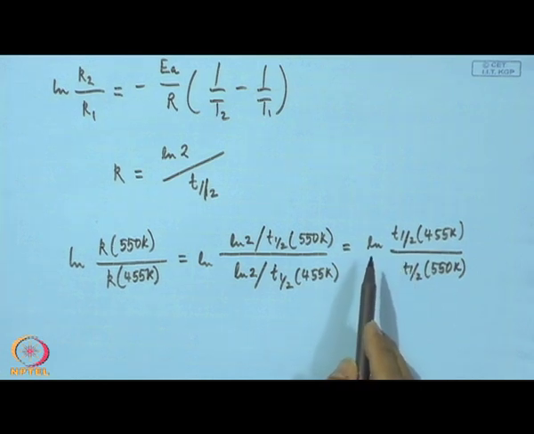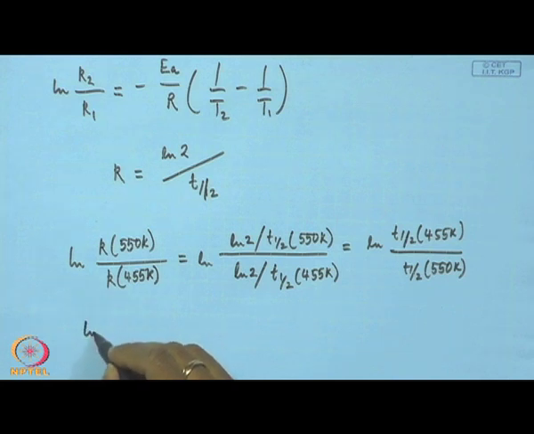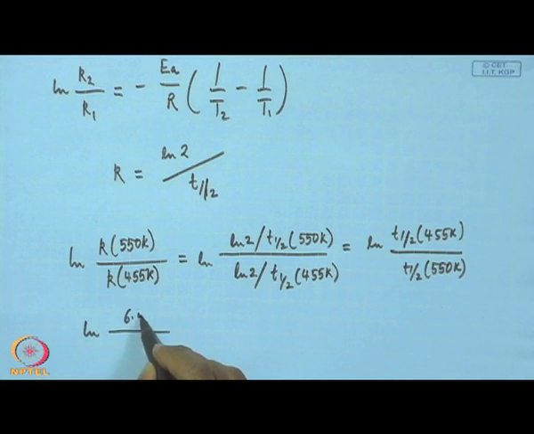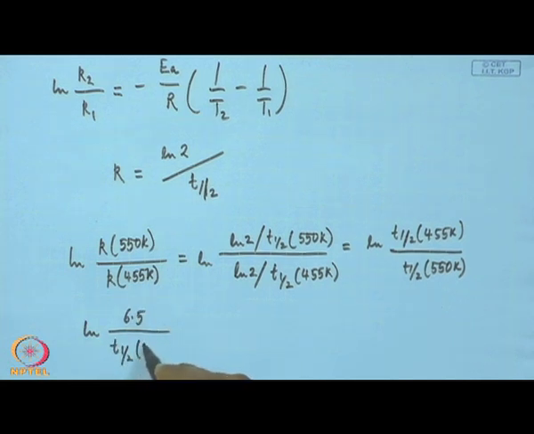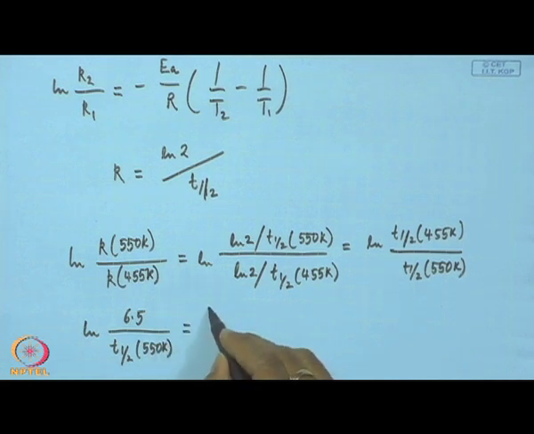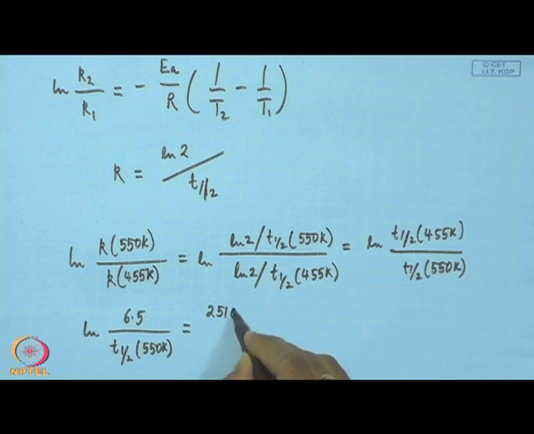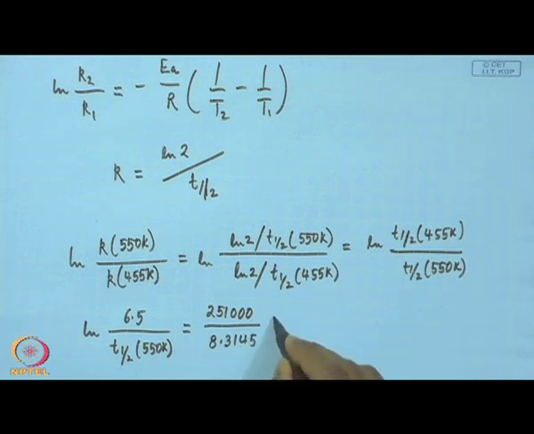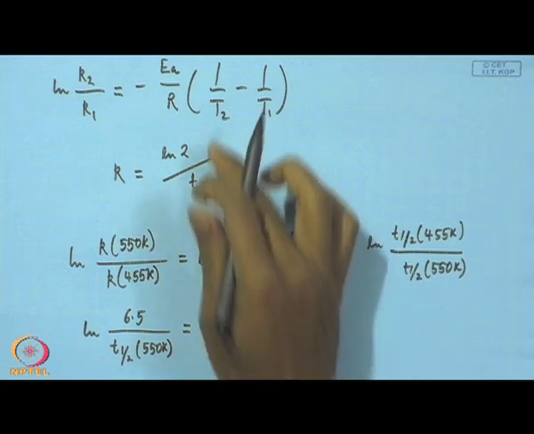And we know the activation energy is also known. So, we can write ln, this is 6.5 in milliseconds, so 6.5 divided by T half at 550 Kelvin is equal to 251000, since it is kilojoule, divided by 8.3145 into T2.